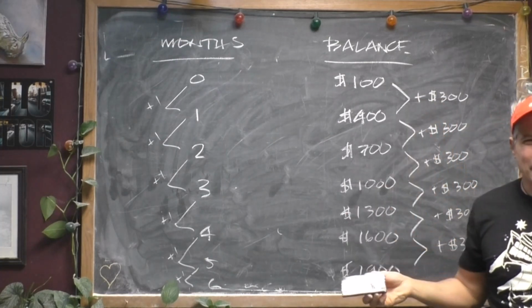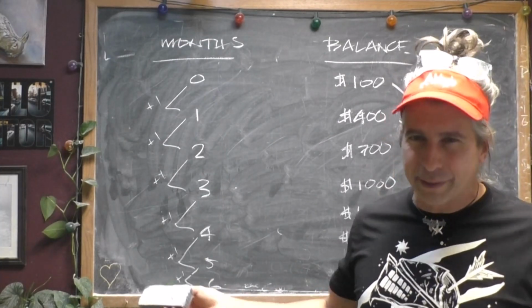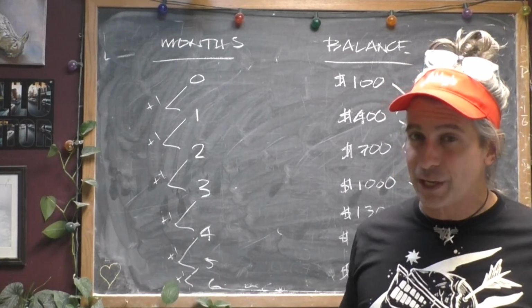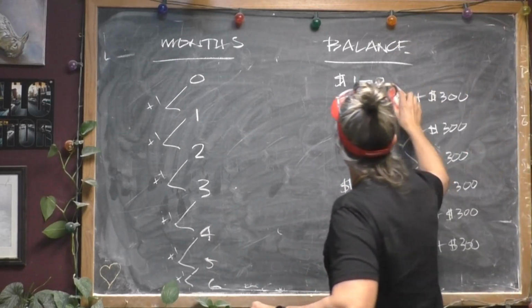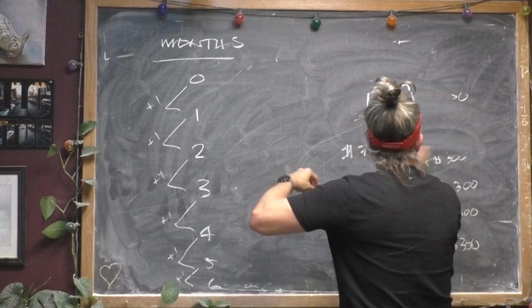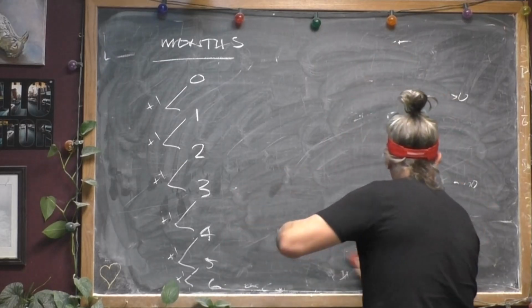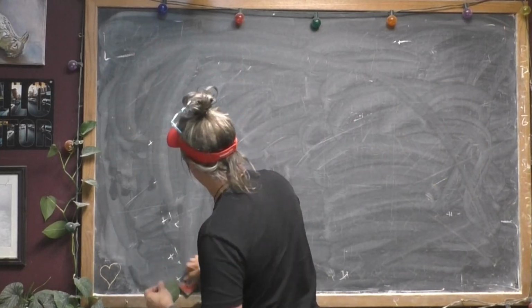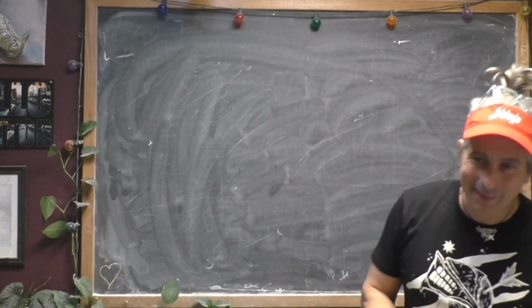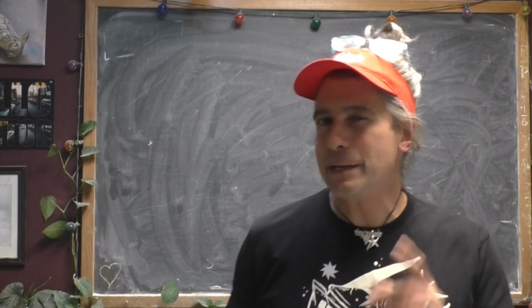I mean, yeah, the months are important to talk about the speed at which it's changing, but really what's important is the balance, so the y. So when Becky mentions the slope or the rate of change, it's how much the balance is changing each month.